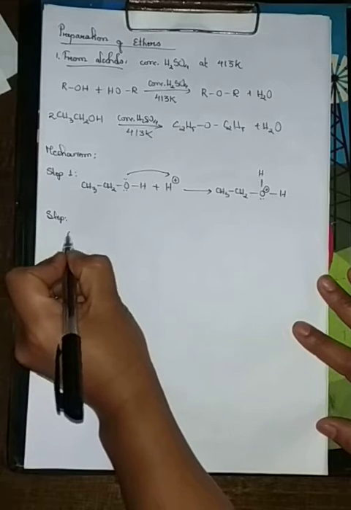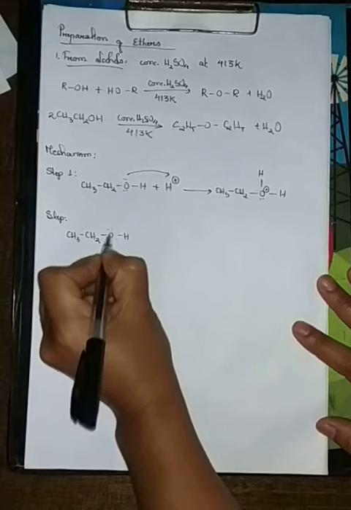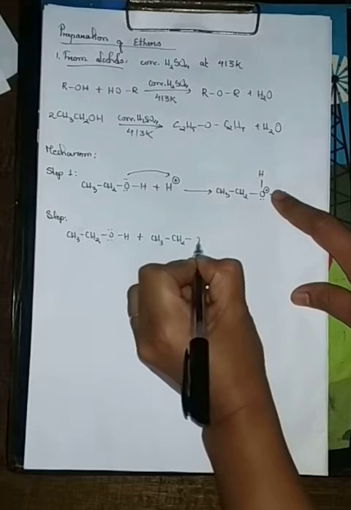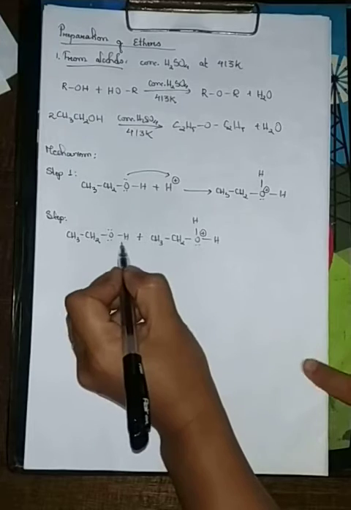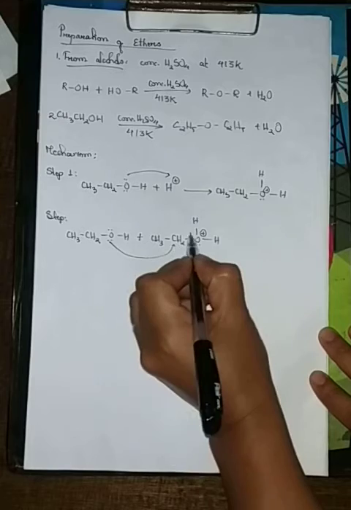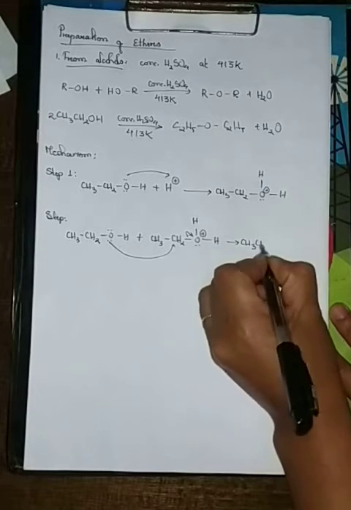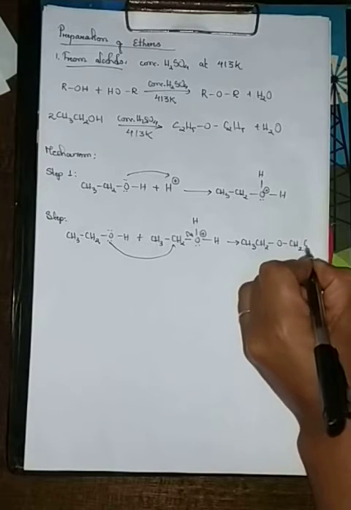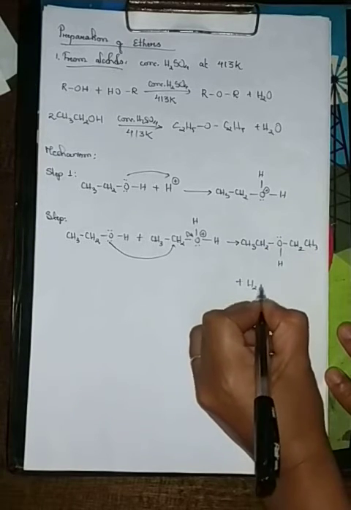Now in the second step, the second alcohol molecule CH3CH2OH comes and reacts with this CH3CH2OH2 positive, and here we'll be getting CH3CH2O CH2CH3 with H, and water is removed in this process.